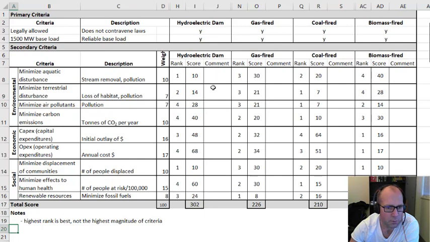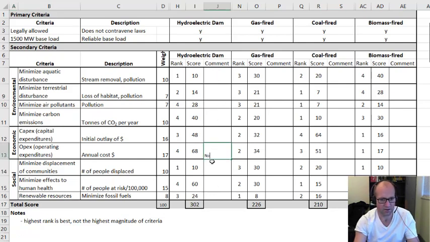Normally what we would do is we would add a little comment. And so anything that's a real differentiator here, we would want to go back and add a comment to explain to people why we chose the score we chose. So for example, annual cost, no feedstock. And for coal, we would say cheap feedstock.